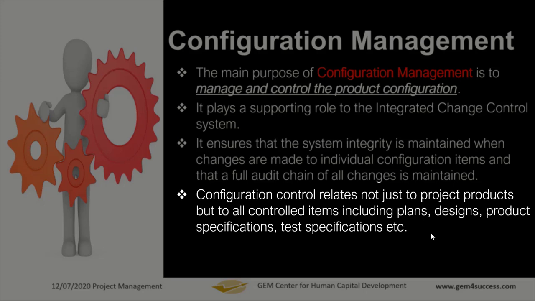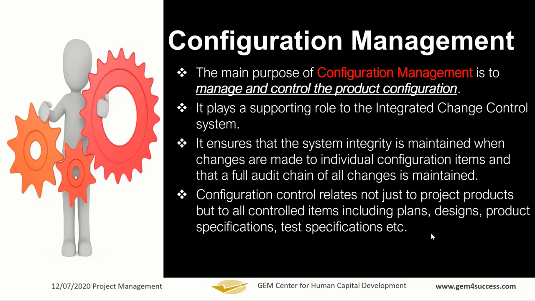They are working to the same version of your test specification, and lots more. This sounds small, but the reality is that on a project, it could cause a lot of chaos when people are working to different versions of their documents, of their plan, and of specifications on the project.